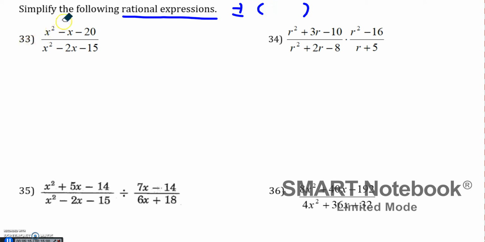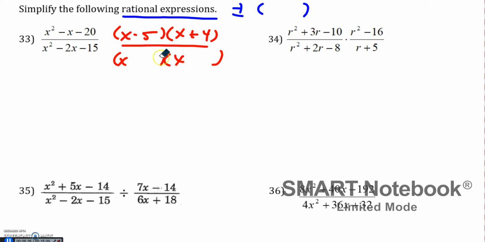So if I look at 33, I look at this squared trinomial on the top. The two numbers that multiply to be 20 and add to be -1 are x minus 5 and x plus 4. On the denominator, two numbers that multiply to be -15 and add to be -2 would be -5 and 3.